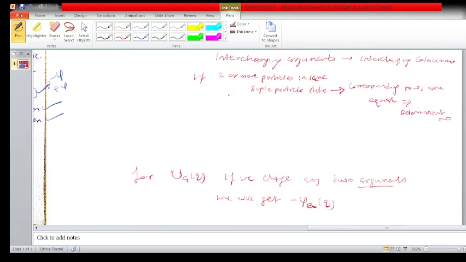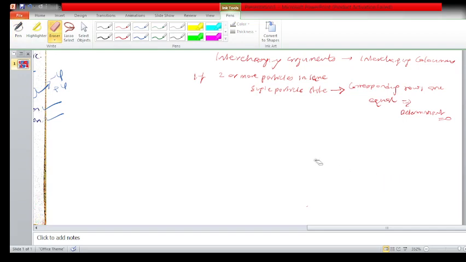So if you consider any system of particles obeying the Pauli exclusion principle, this is the description.